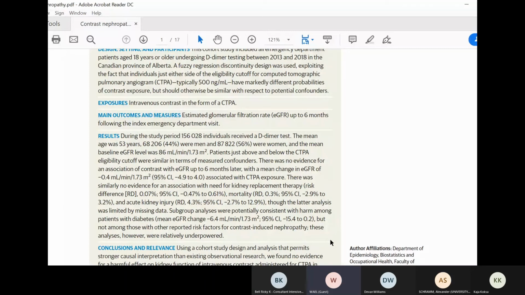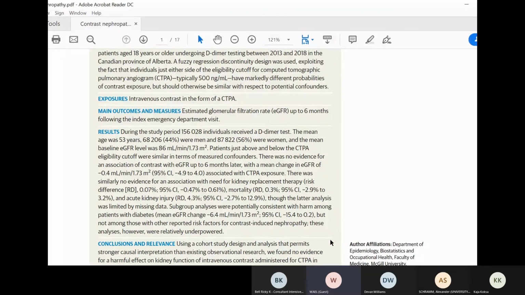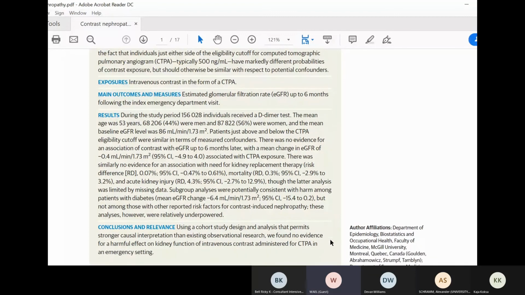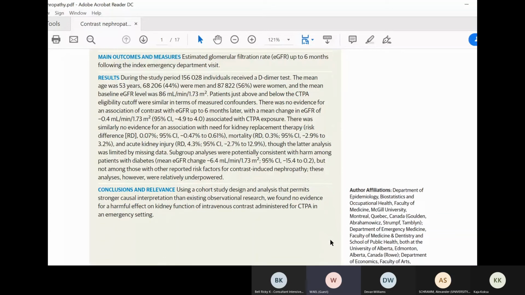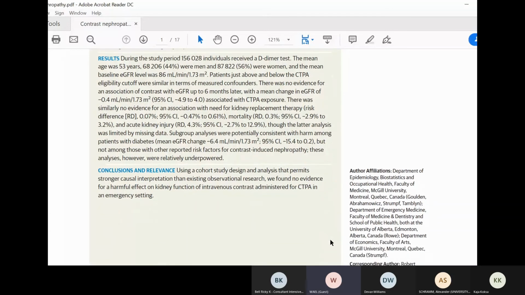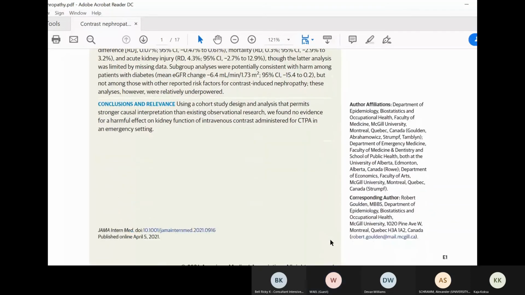So the other groups were not affected like the diabetic ones. And the conclusion is that this cohort study and analysis, which permits stronger causal interpretations than existing observational research, found no evidence of harm to kidney function from intravenous contrast in the context of CTBA.